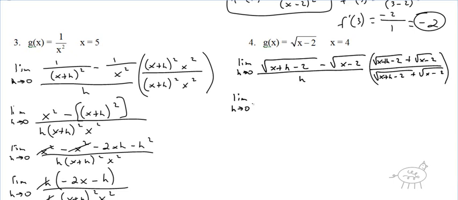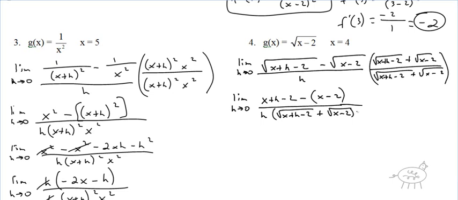And then if I FOIL it, I get the square root of x plus h minus 2 squared, so the square root goes away, and I just get x plus h minus 2. And you guys agree that the outside and inside terms cancel. And then we get minus, again, watch your parentheses, minus parentheses x minus 2 all over h times the square root of x plus h minus 2 plus the square root of x minus 2.